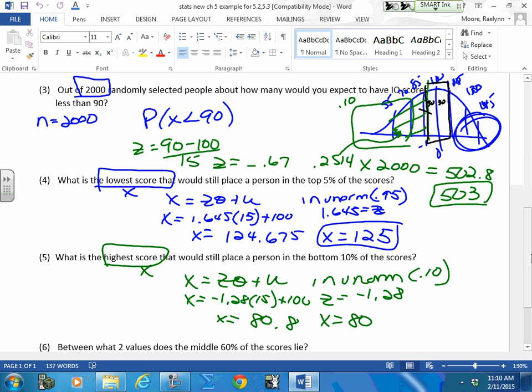If I do an inverse norm, what should I inverse norm to find this z-score? 1 minus 60, I could do that. Well, no, I'm going to look up, this is 50. What is this area right here? 20.